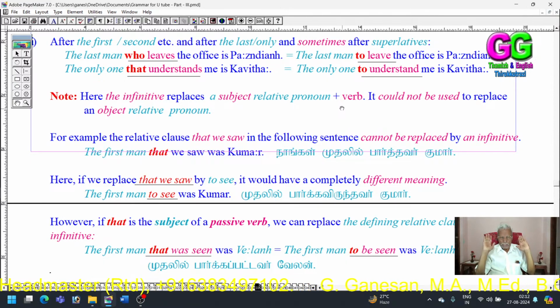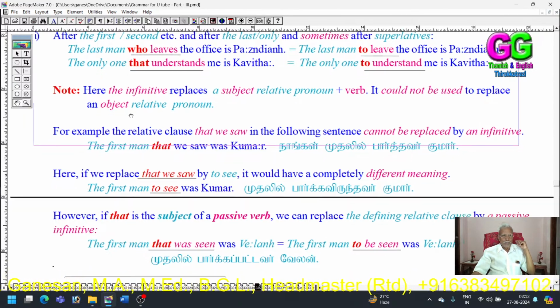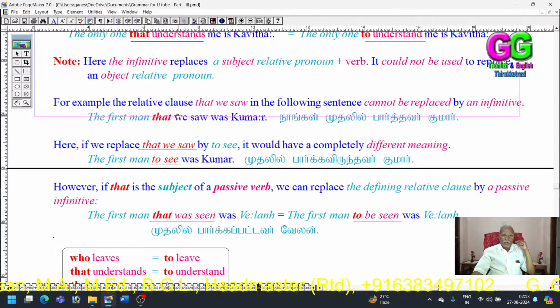When the relative pronoun acts as a subject, it cannot be used to replace an object relative pronoun. For example, the relative clause in the following sentence cannot be replaced by an infinitive. Look at this sentence: the first man that we saw was Kumar.